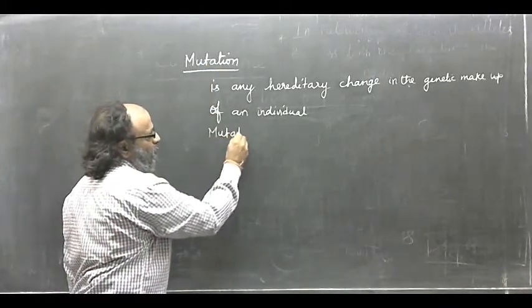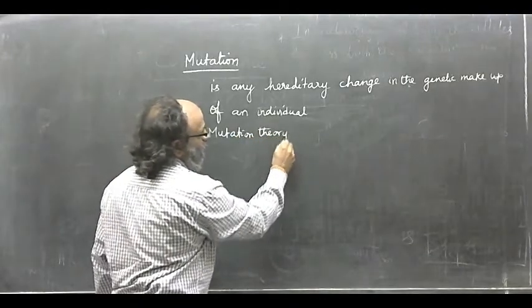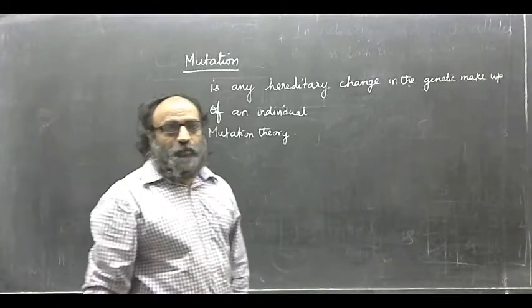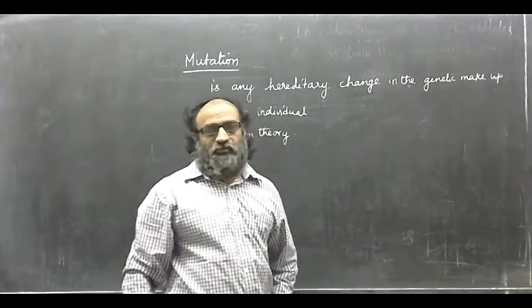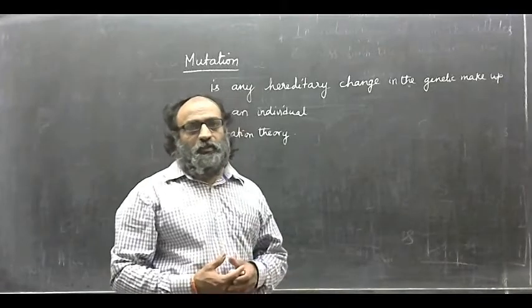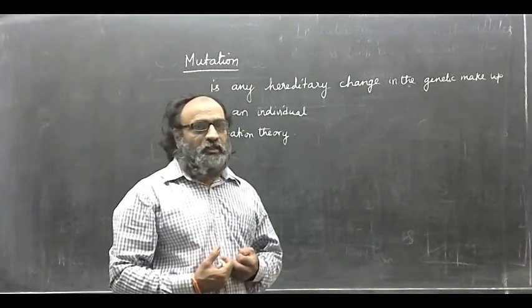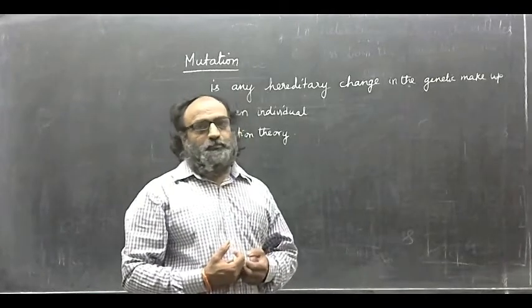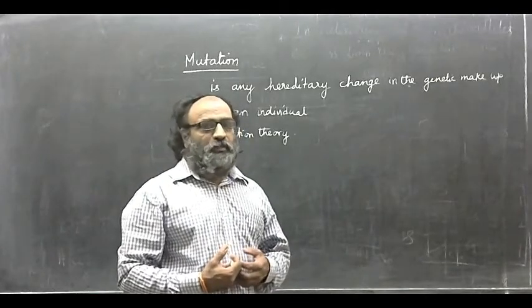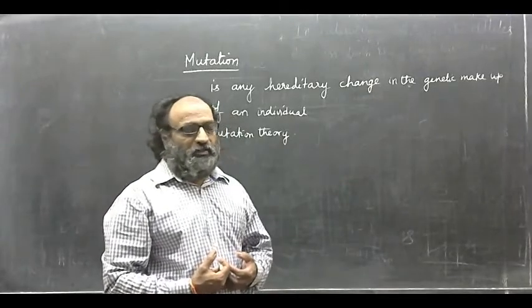Mutation theory was proposed by Hugo de Vries. De Vries proposed mutation theory by observing mutations in a plant, the evening primrose. The scientific name of this evening primrose is Oenothera lamarckiana.